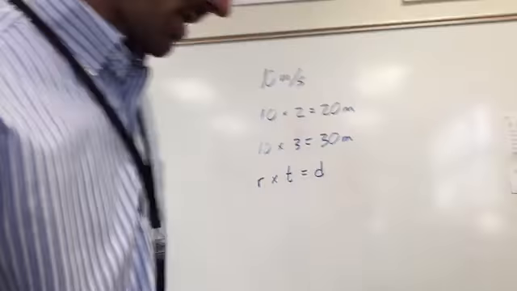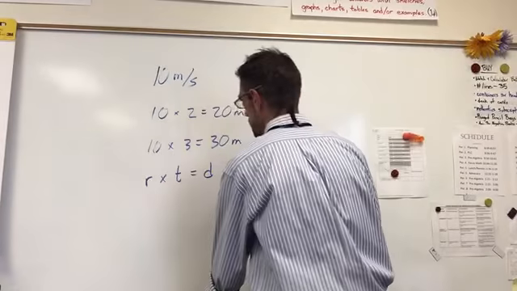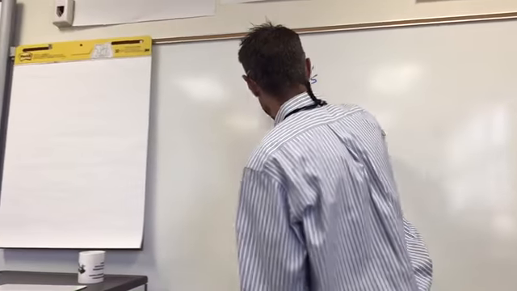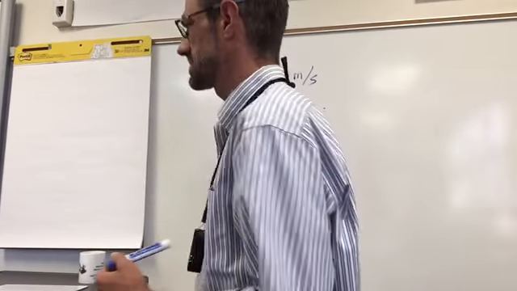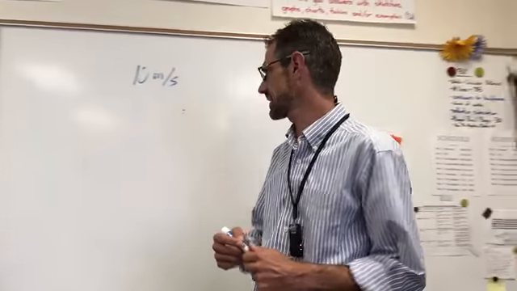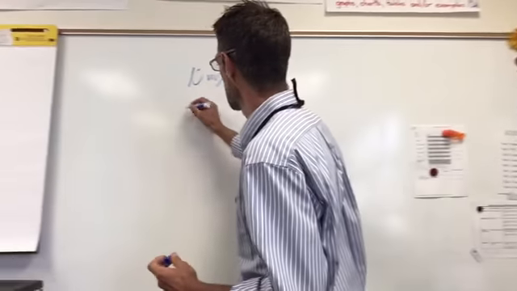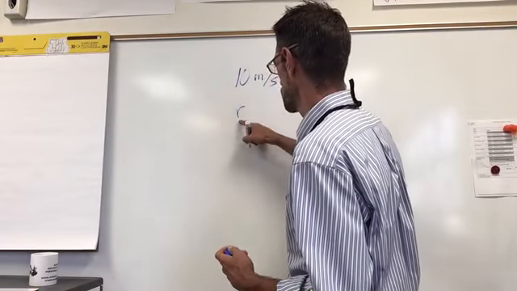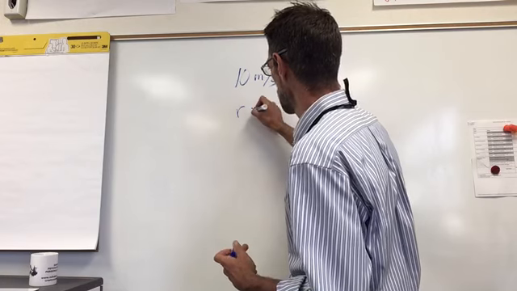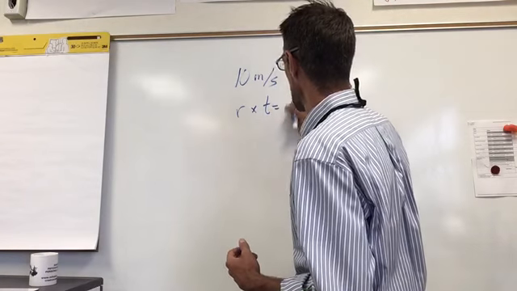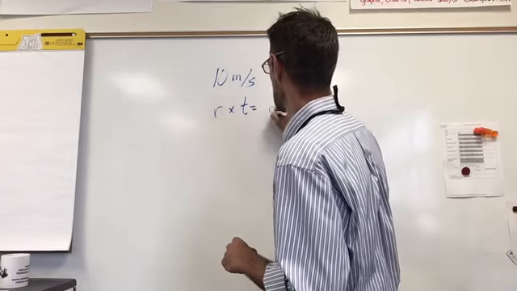Okay. So here we have a train leaving the terminal at 10 meters per second. And it asks, where will it be in 10 seconds? So I'm going to go back to my equation: rate times time equals my distance.